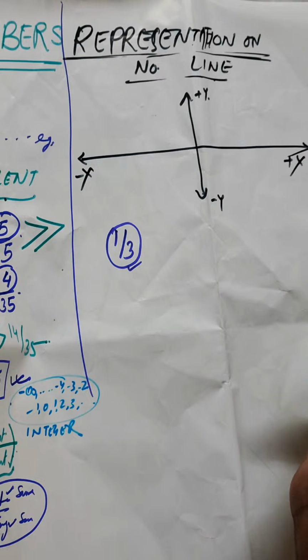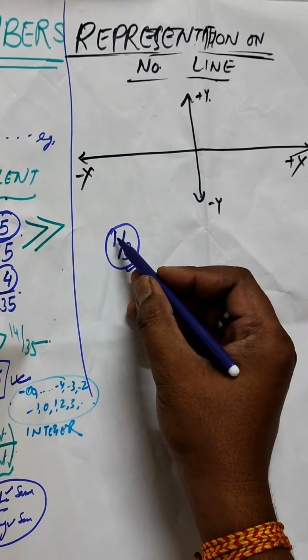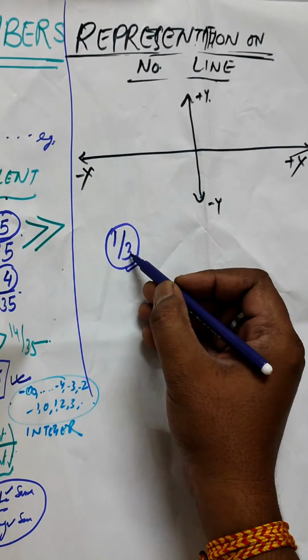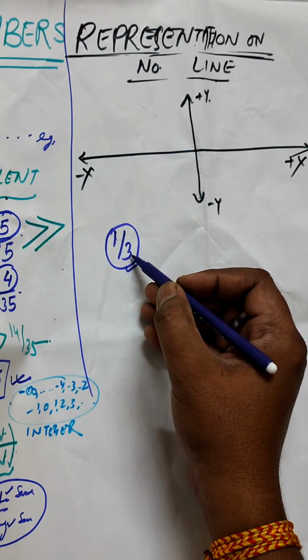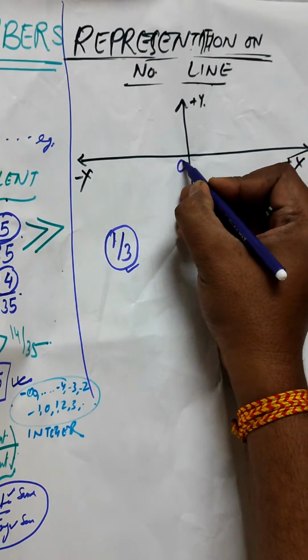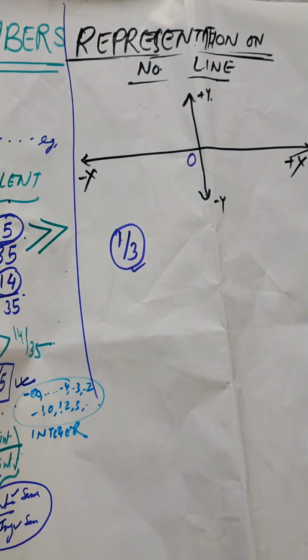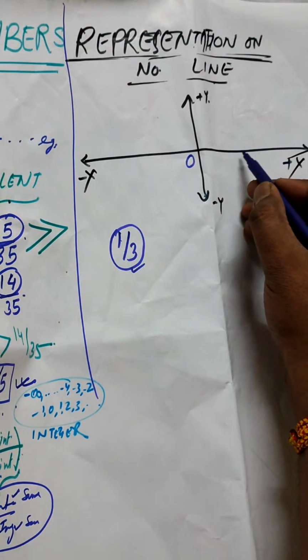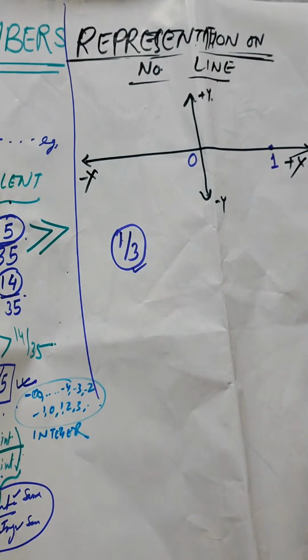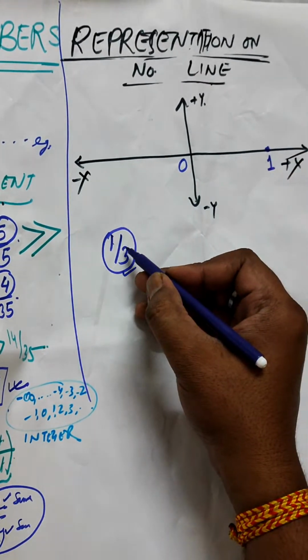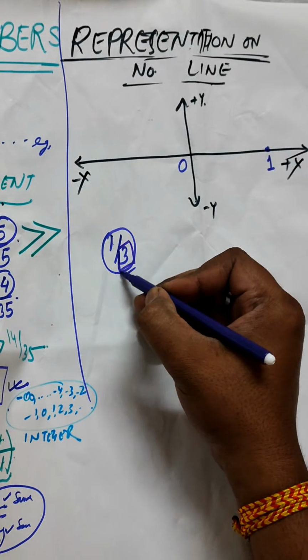What you will do: this is 1 by 3, so from 0, if you are going to 1, this is 1, right? Then the denominator is 3, you can see.